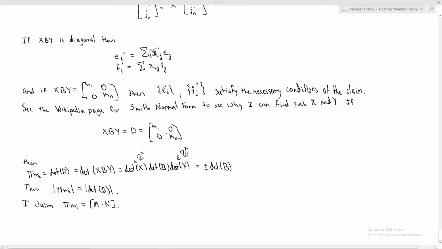The way we're going to understand this is essentially through a sequence of isomorphisms.